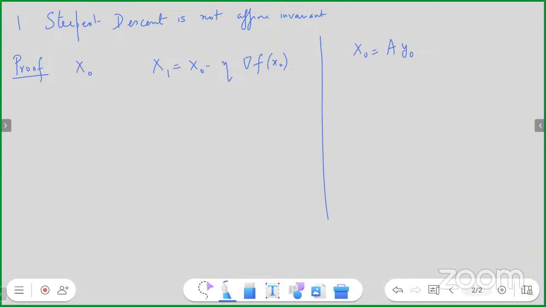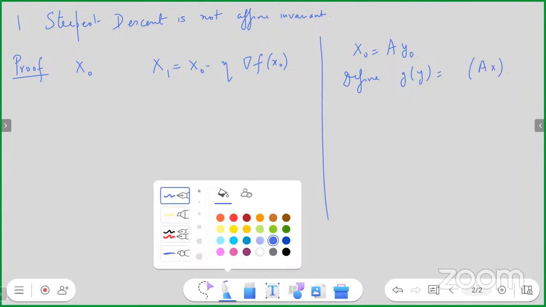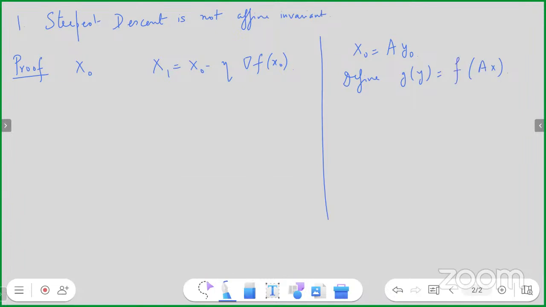And define G of Y to be simply F of AY. What is the gradient of G of Y?